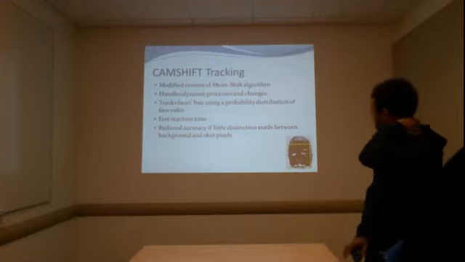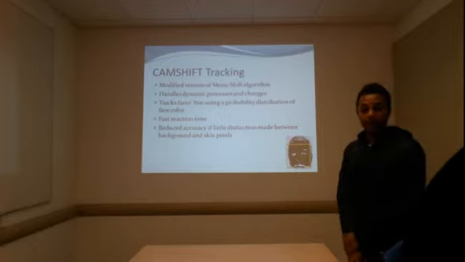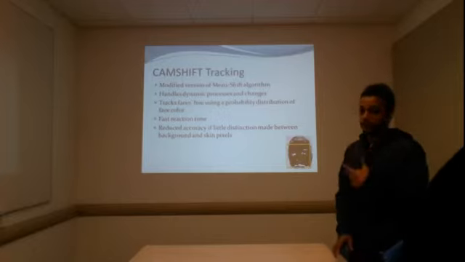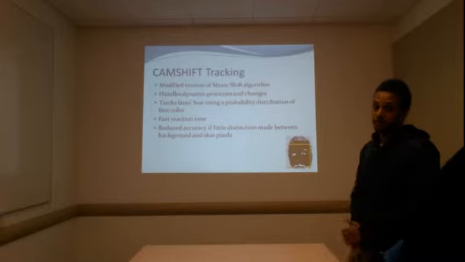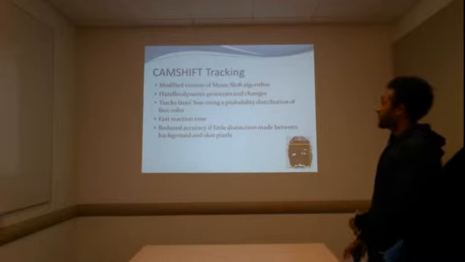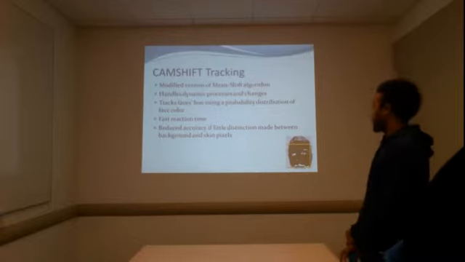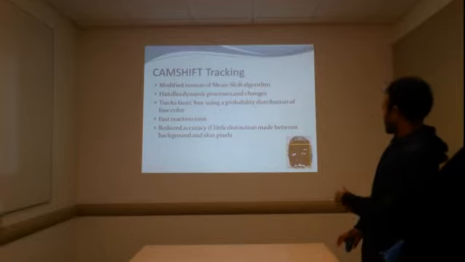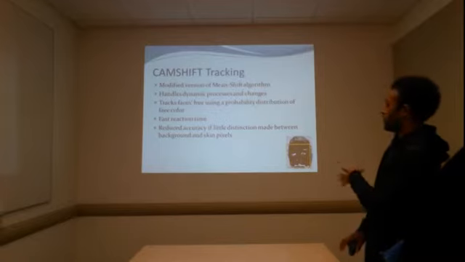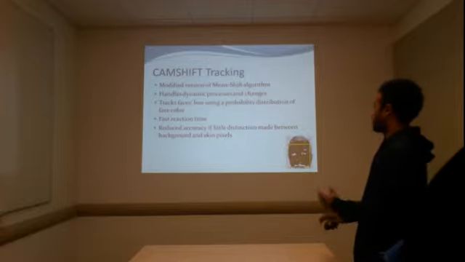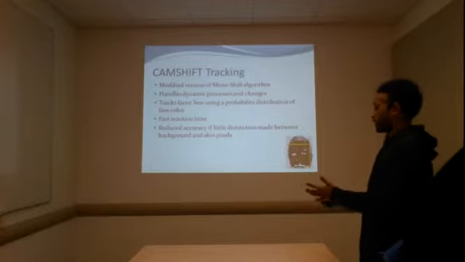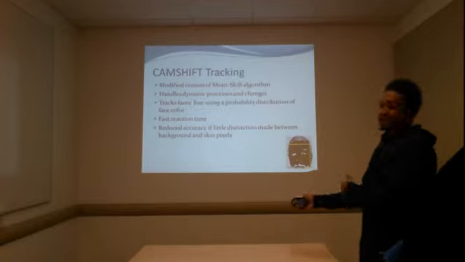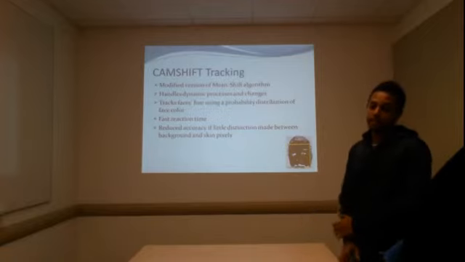It tracks the face's hue using a probability distribution of the face color in the HSV color space. It has very fast reaction time, and one of the drawbacks is that you can have reduced accuracy if there's little distinction between, let's say, the background pixels and the skin pixels. It wouldn't be able to tell the difference.